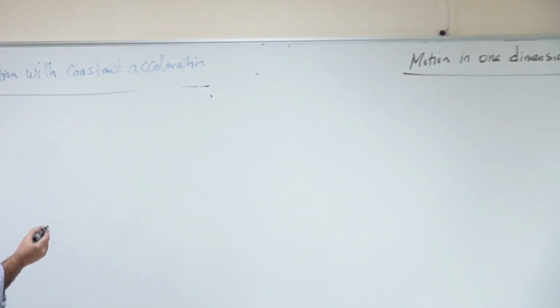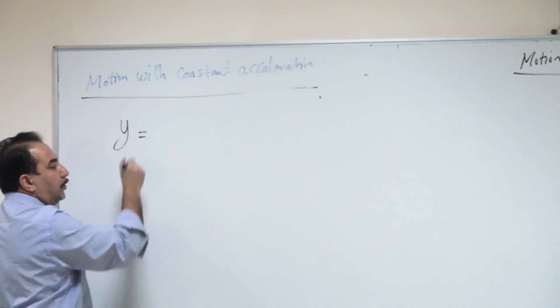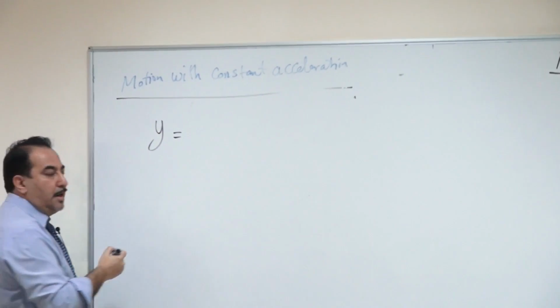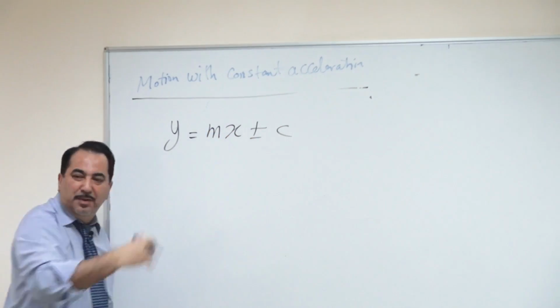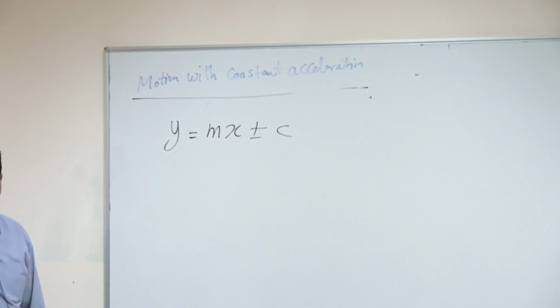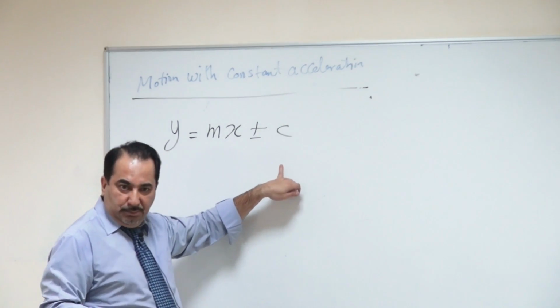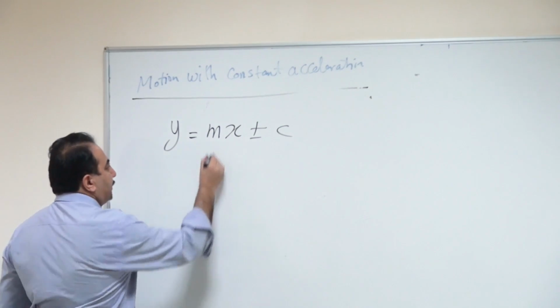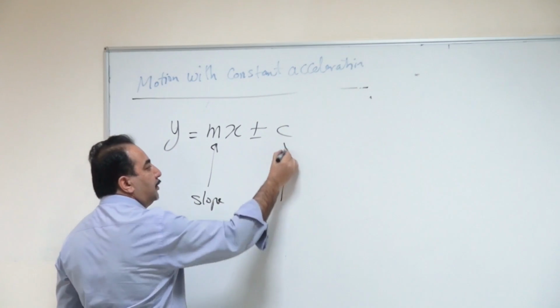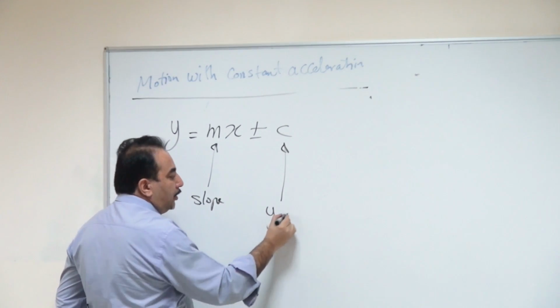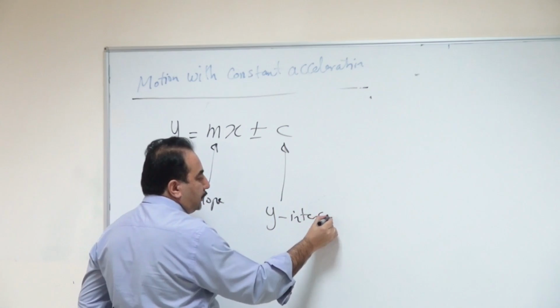So if I take an xy here, generally, now not in physics, in math, we have a function y equal. Linear function is y equal mx plus minus c, or sometimes we call it b, but I use c. This is the linear function. What does the m represent? Slope of the line. C, y intercept.